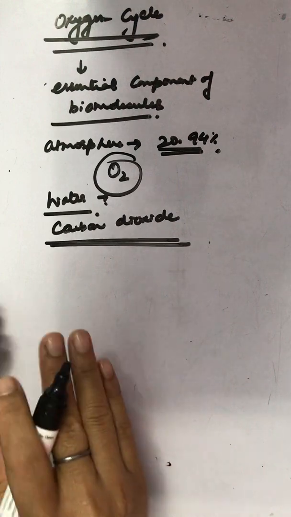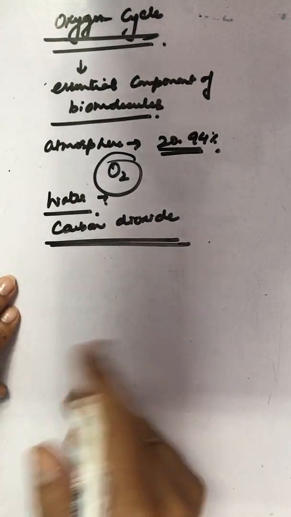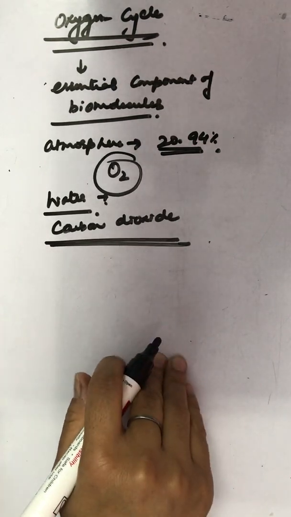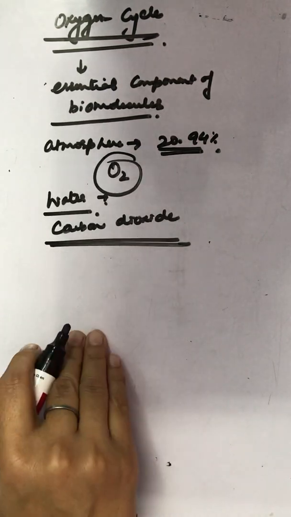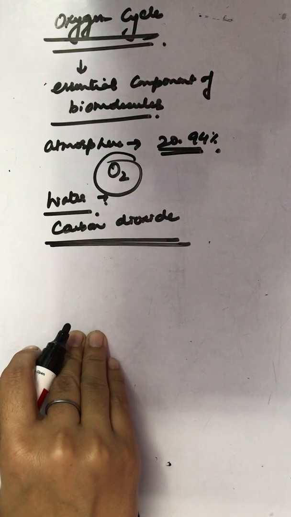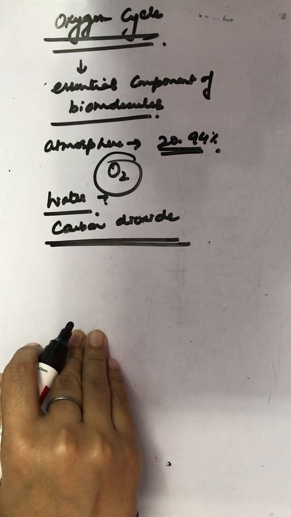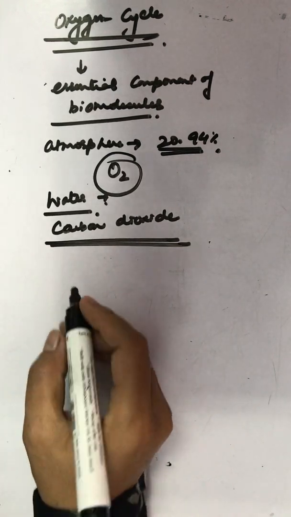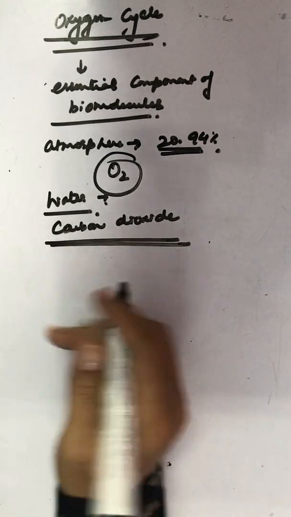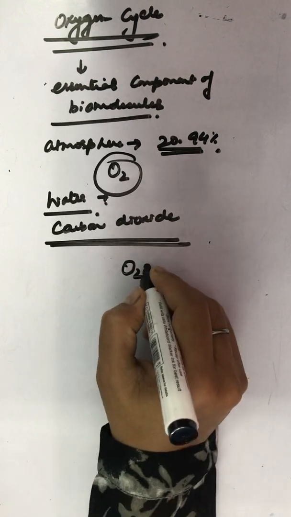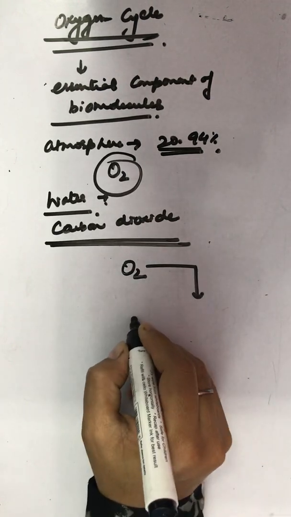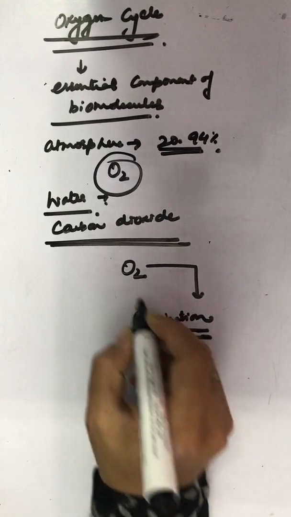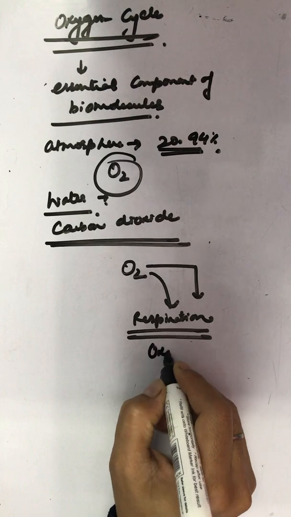Oxygen is basically in a state of dynamic equilibrium. It is taken up by animals and plants from the air, dissolved in water for use, and it takes part in all the respiration actions. Respiration means oxygen is going to break up all the glucose molecules. Okay, so what happens? Oxygen is taken inside the body and is used in the respiration process where this oxygen helps in oxidation.